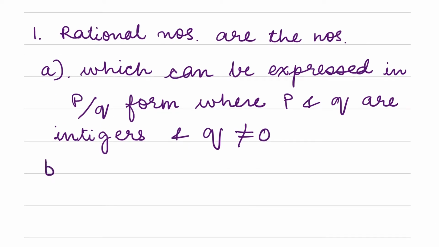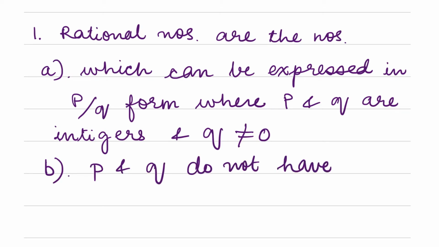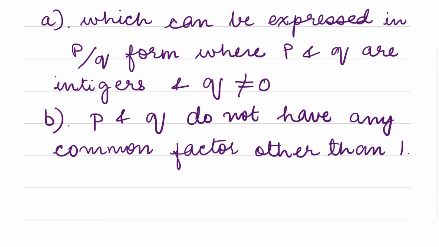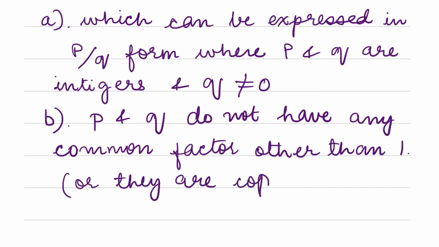Second thing which we can say about the rational numbers is P and Q do not have any common factor other than 1, or we can say they are co-prime.